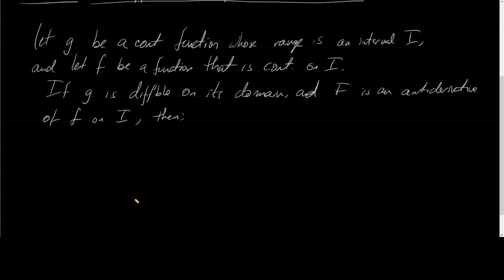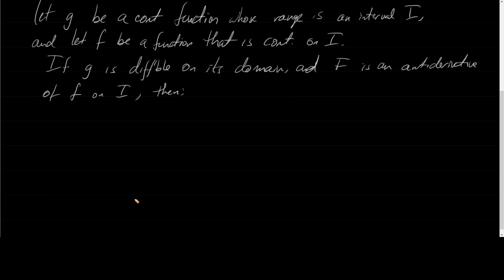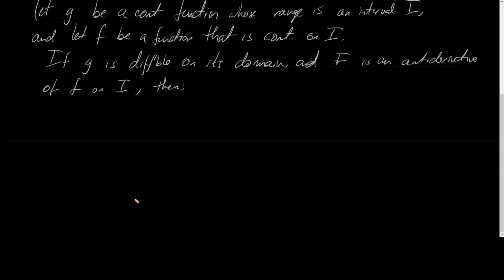So G is continuous and its range is I. F is continuous on that interval I. G is differentiable in its domain, and F is an antiderivative of lowercase f, then we get the following.